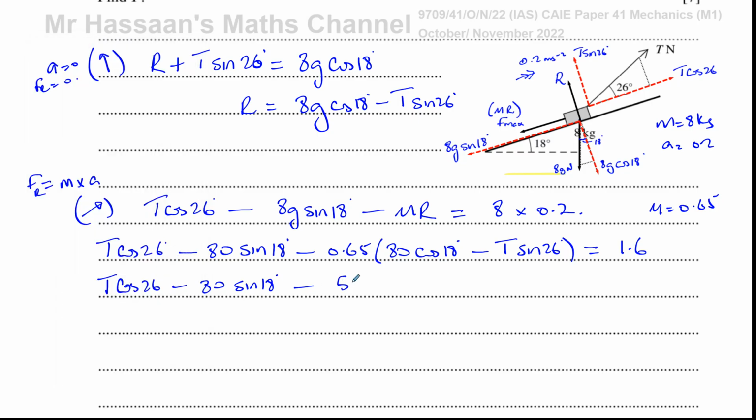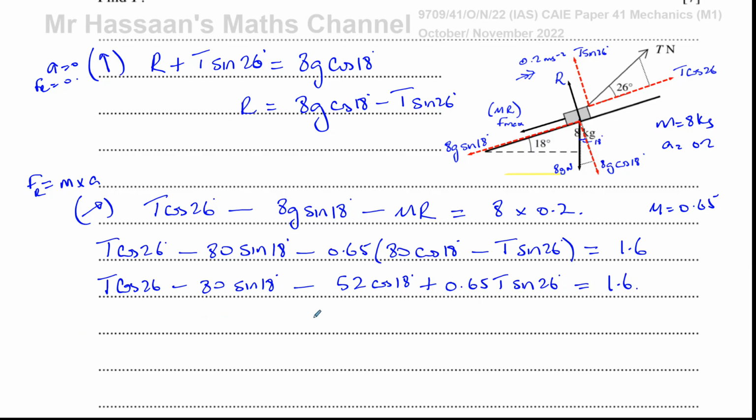So that's 52 times cosine of 18. And be very careful here. These questions are very easy for you to lose marks. And you have minus times minus, which is plus. Be careful there. And I'll just leave it like this, 0.65 times t times the sine of 26. And that's equal to 1.6.